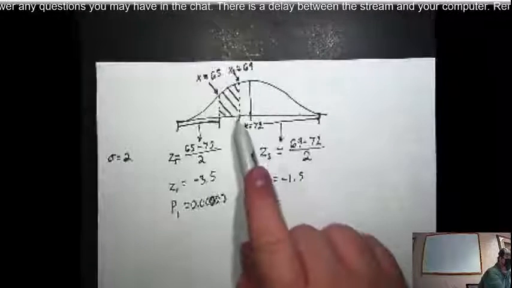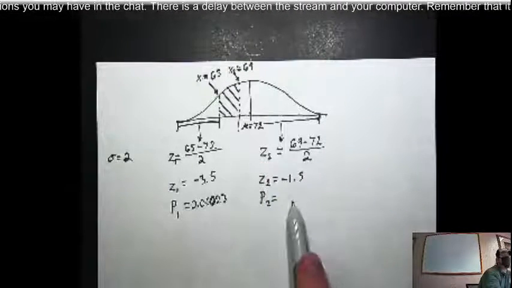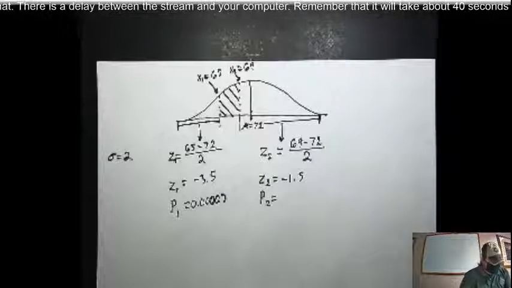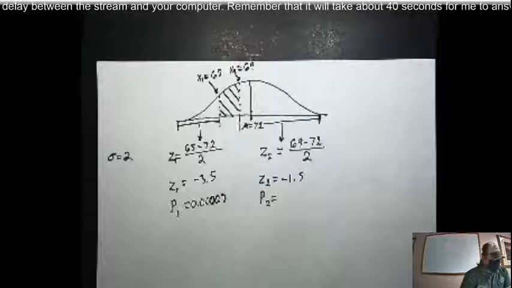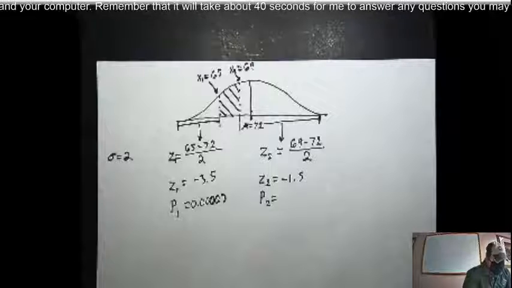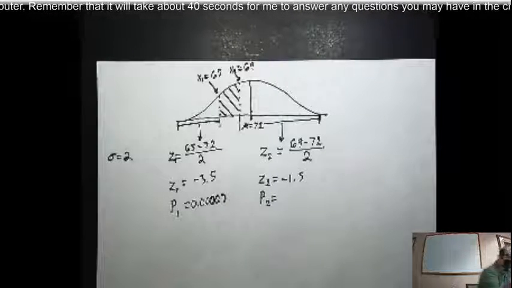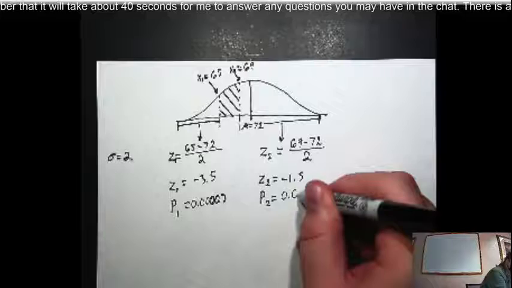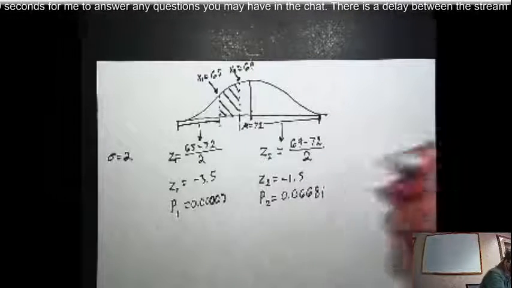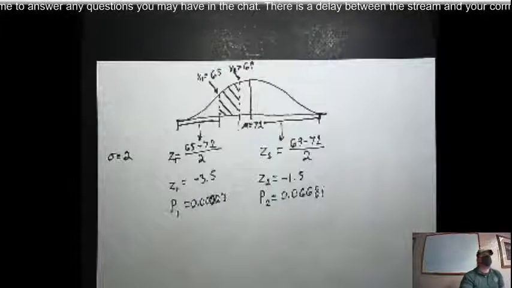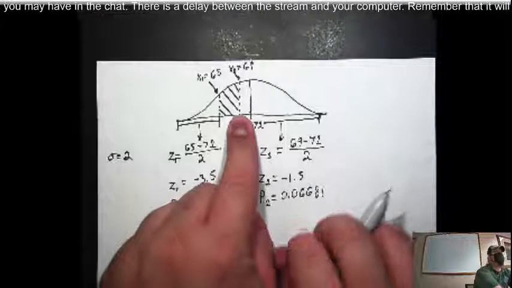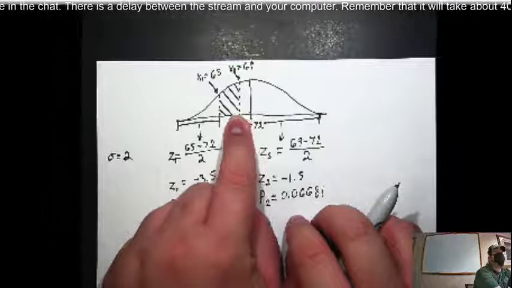This one, on the other hand, we want to eventually flip to this side, so let's find its probability and flip it. So negative 1.5, scroll down the side here, and nothing comes after that, so we can just use the 0 column, and that is 0.06681. Now what we just found there is the probability from this point back.